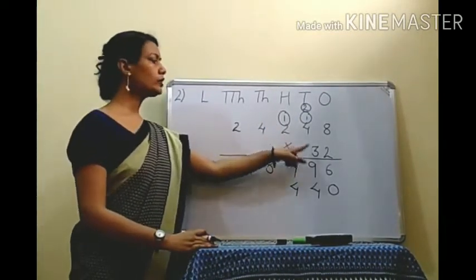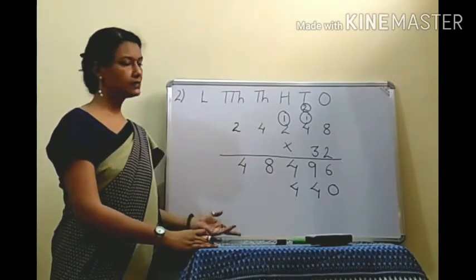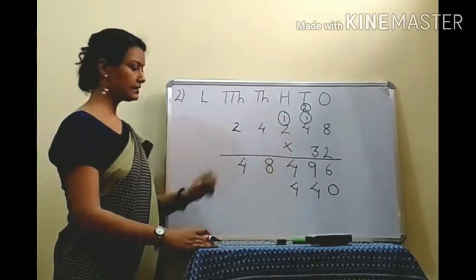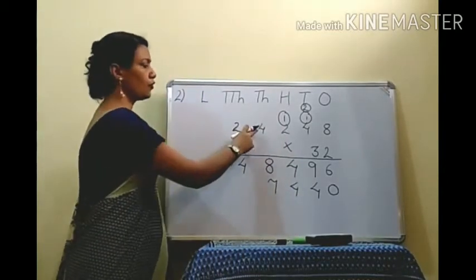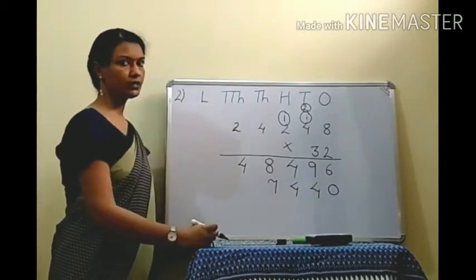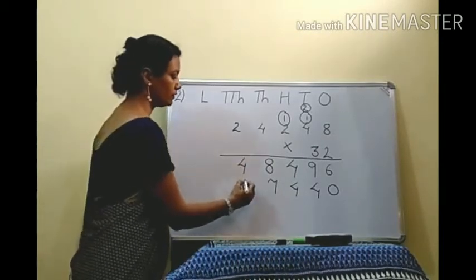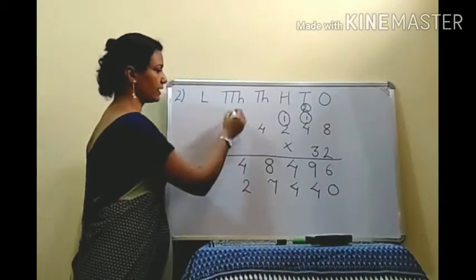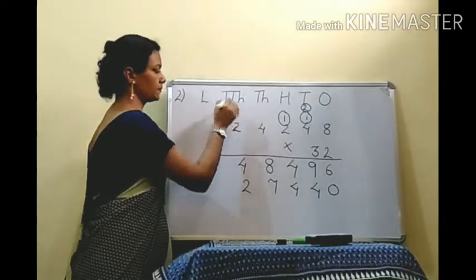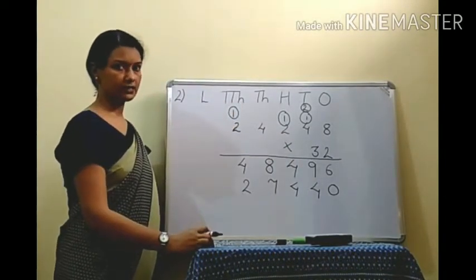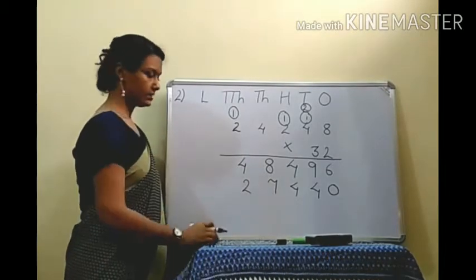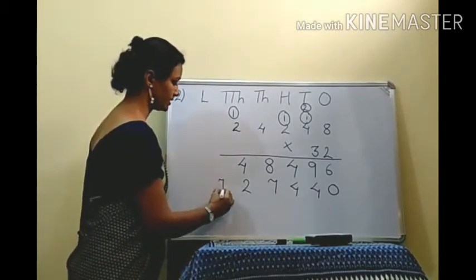Now 2 into 3 is 6, plus 1, 7. So we will write 7. Now 4 into 3 again is 12. So we will write 2 here and carry 1 to the 10,000 place. Now again 2 into 3 is 6 and plus 1, 7. So we will write 7 here.